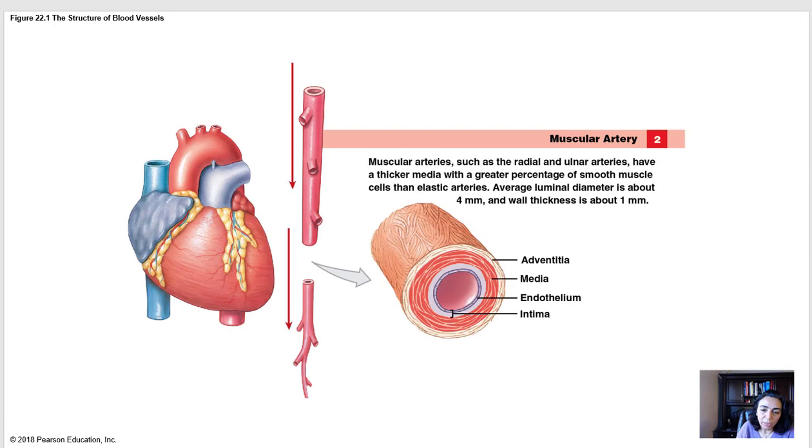So to see the picture of that muscular artery, you see that again they have all three layers: intima, media, and adventitia. And you see the media of that is the thickest layer compared to the intima and adventitia.